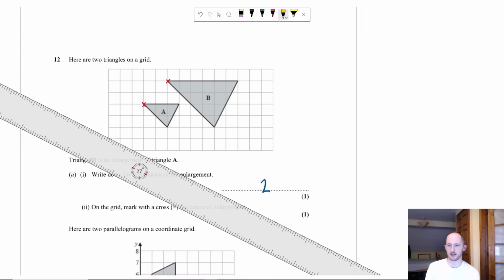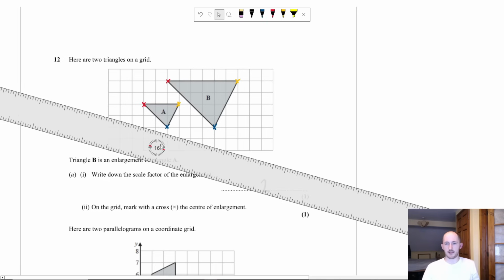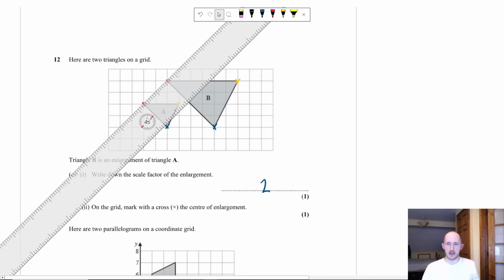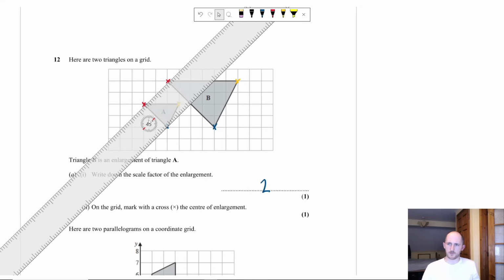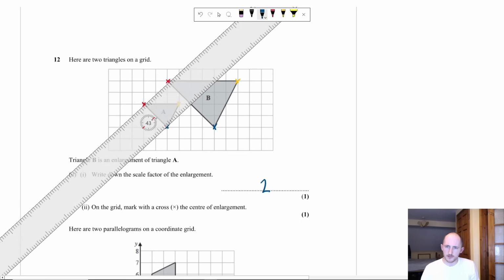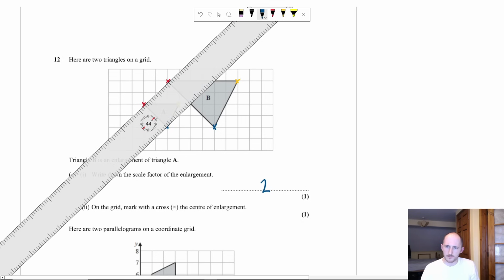And I'll pick another colour. This point here corresponds to this point here. And lastly, this point here corresponds to this point here. What you're going to do is draw a straight line through the points of the same colour. Okay, and that will give you the centre of enlargement. Well, I'll show you how it gives you the centre of enlargement. So please bear in mind that, again, it might be between these two things, which is kind of annoying.